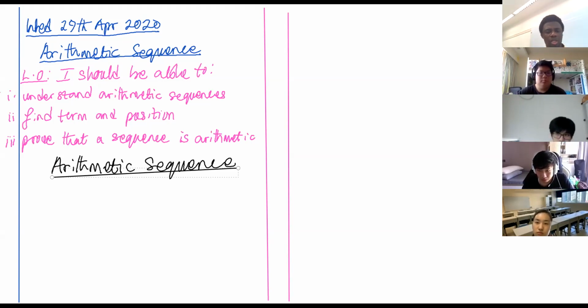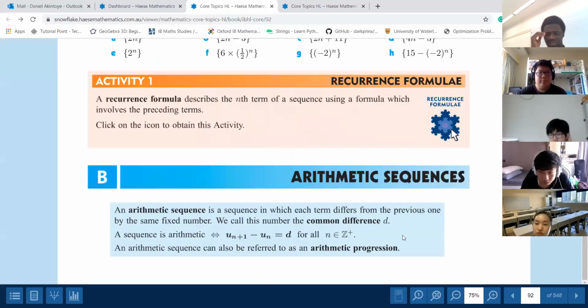But let's go straight to the arithmetic one so we don't waste time. Now, an arithmetic sequence or progression is the one, let me show you a definition that I have here, then I can explain. So look at the board, everybody.